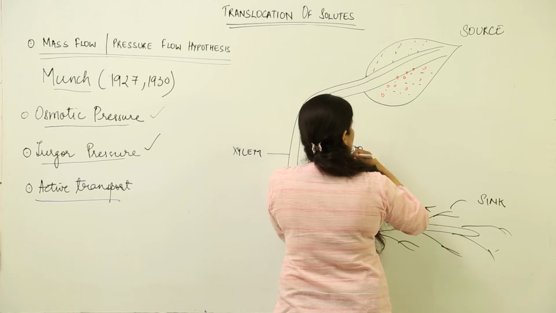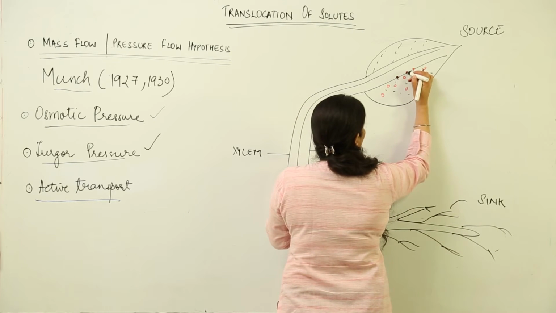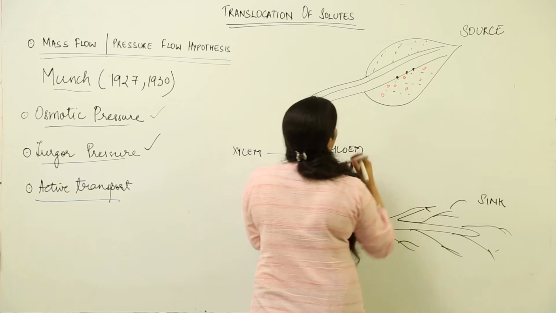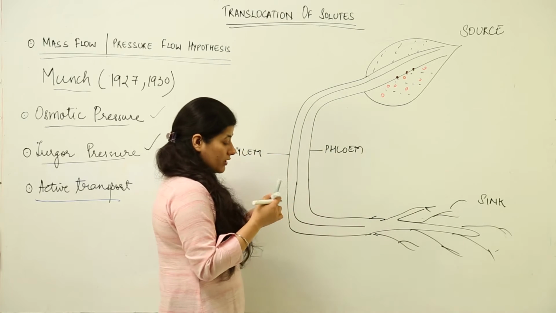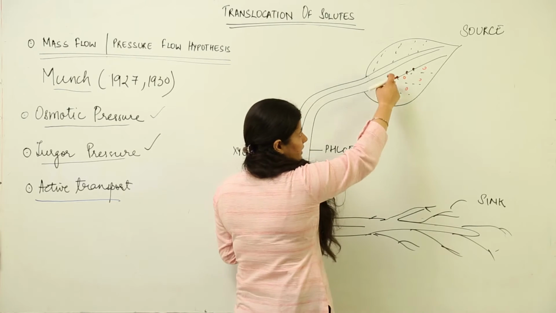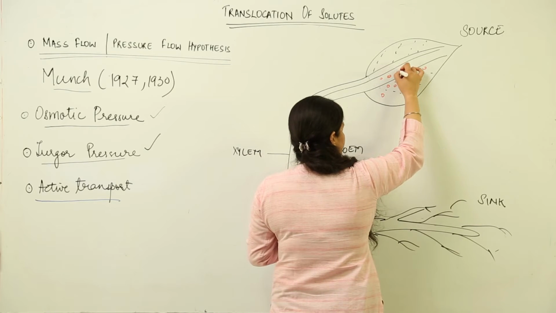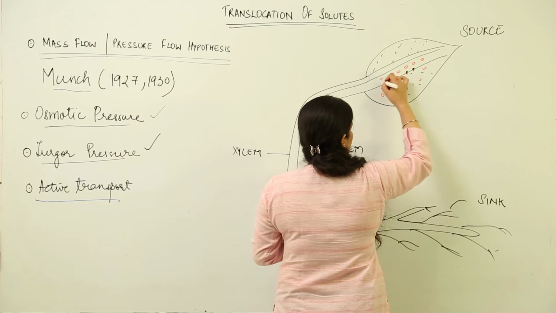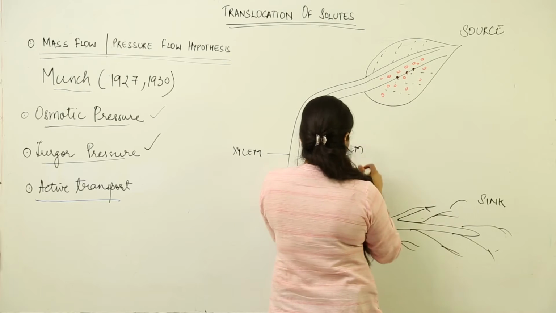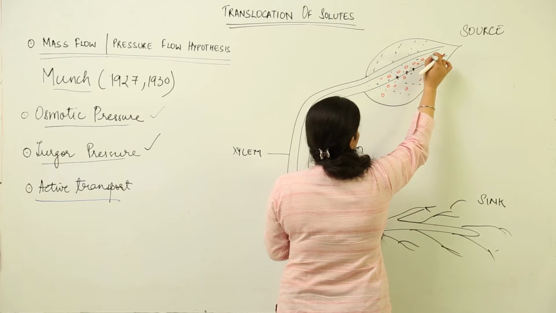This transport will be active transport of the solute particles, and of course, because we are dealing with phloem transport, we are talking about sucrose. So the sucrose particles would enter inside the phloem actively, and because there is a little amount of fluid present over here, this would be a fluid only, as you can make it out.